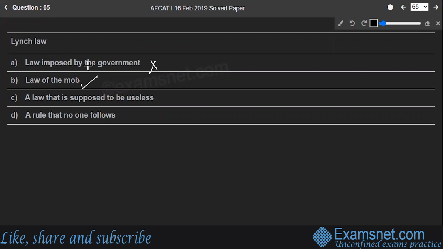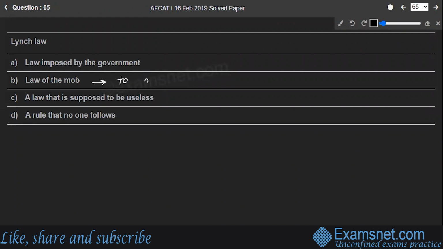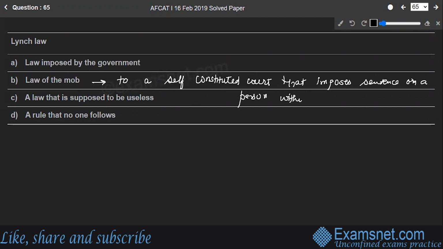Well, when I'm talking about the lynch law, it refers to a self-constituted court that imposes sentence on a person without due process of law. So, lynch law is actually referring to the law of the mob.